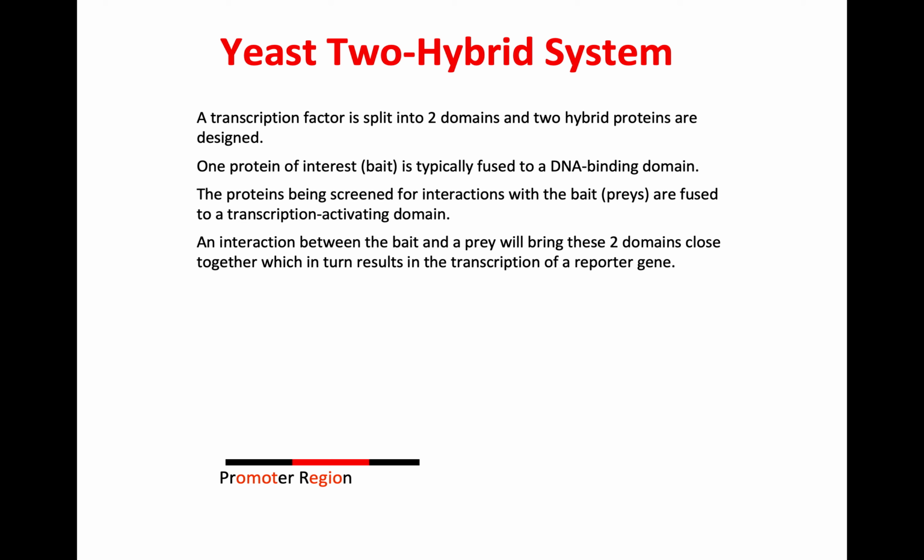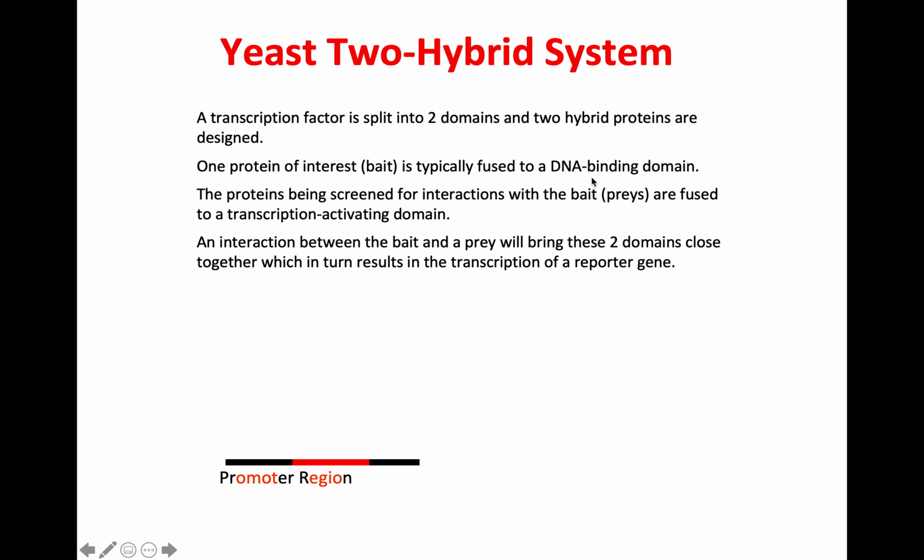In the two-hybrid system, as the name says, you basically need two things because this is based on a transcription factor that is split into two domains, and two hybrid proteins are designed. One protein is, of course, your protein of interest, which acts as a bait. They are typically fused to a DNA binding domain.